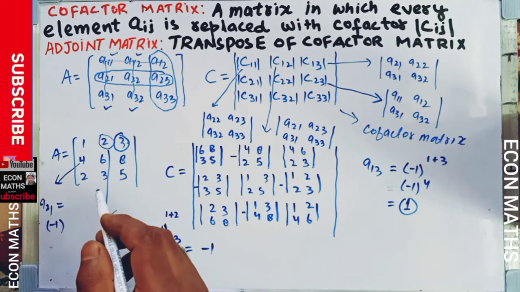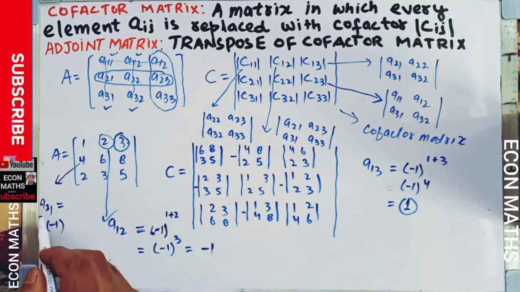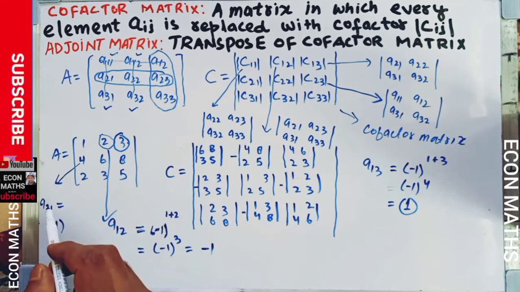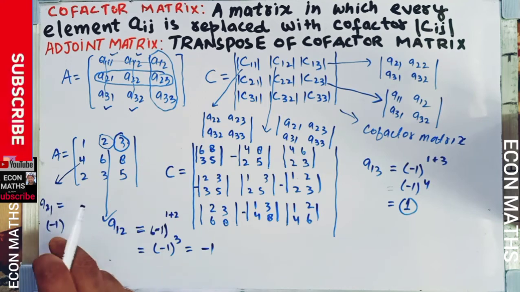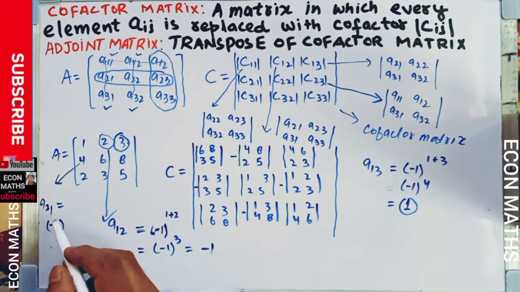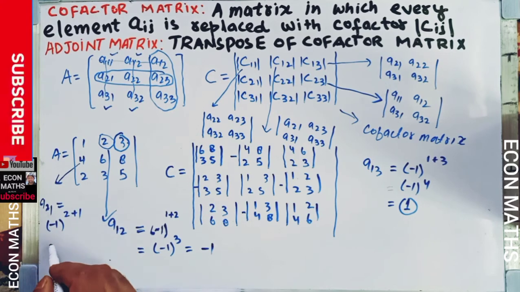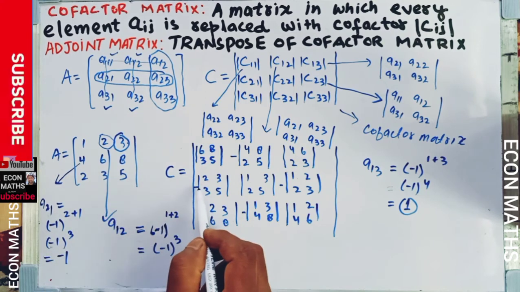We add these subscripts and raise minus 1 to that exponent. That is, here this is 2 plus 1. Now here it is minus 1 raised to power 3. So the sign will be minus, because minus 1 raised to an odd number gives us minus 1. So here I have written this minus sign.